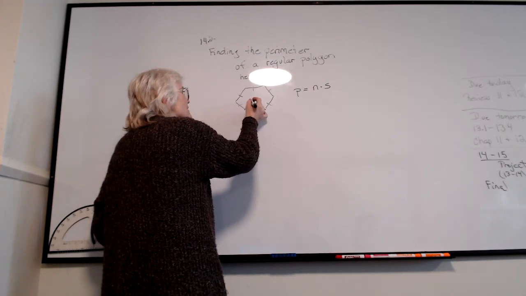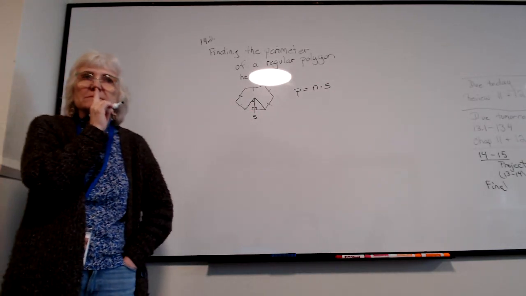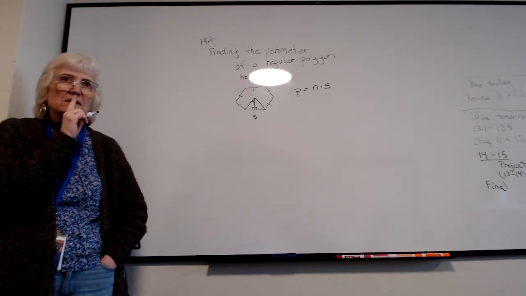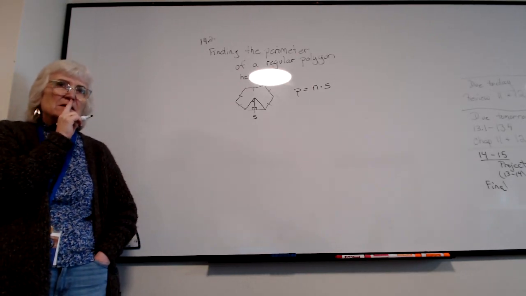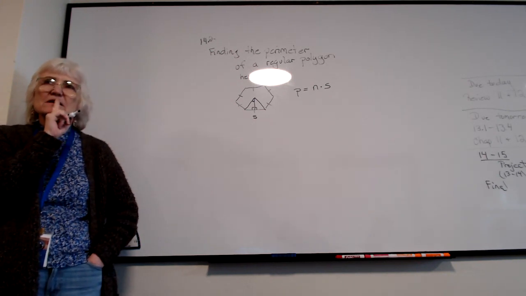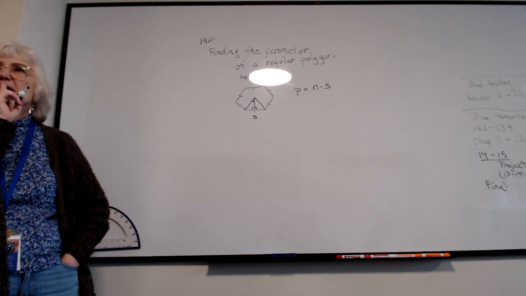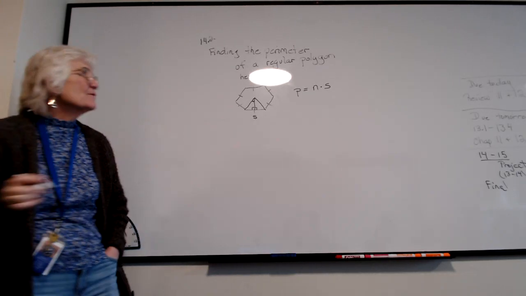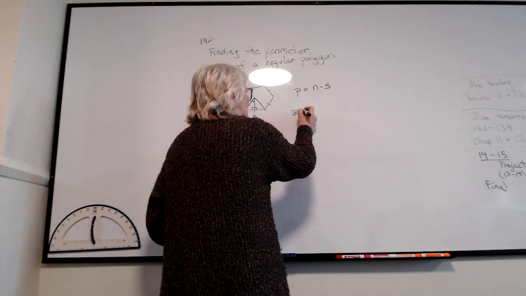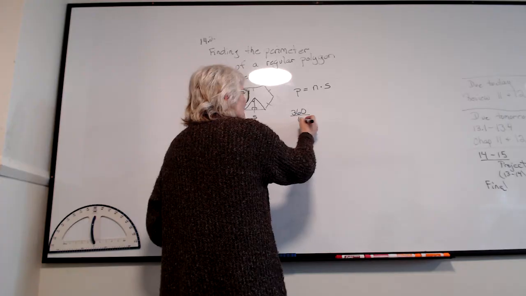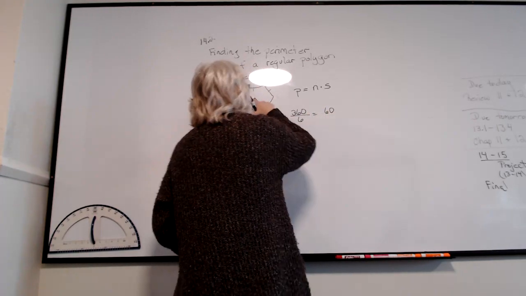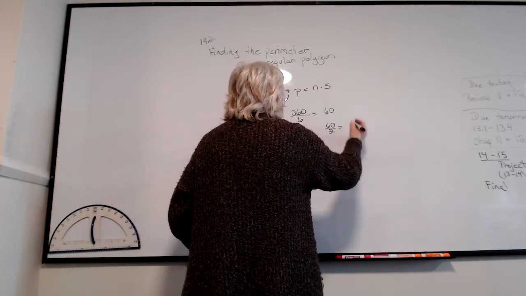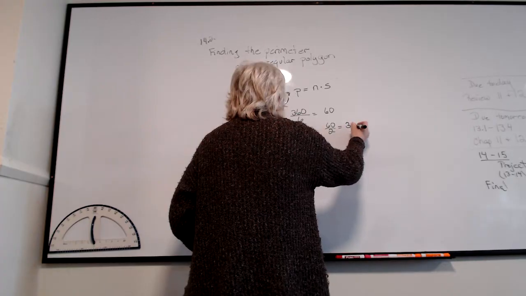Can somebody tell me what the size of that angle would be? So it'd be half of 72, so it'd be 36. Wait, we did that for a pentagon, my bad. You're going to have to find it. So it would be 30, right? Yes, because you have 360 divided by 6, which is 60, but this is half of that, so 60 divided by 2 is 30.